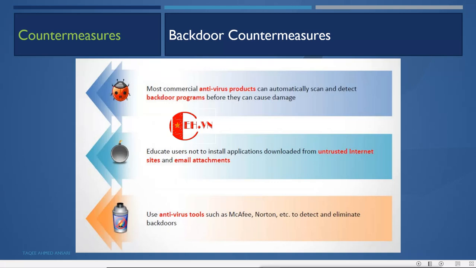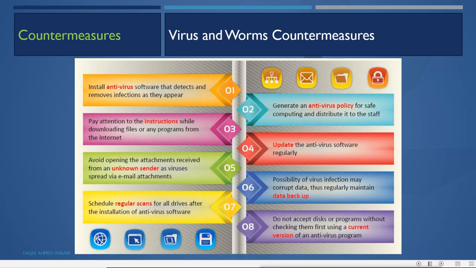Virus and worm countermeasures: all in all, you should install antivirus software to detect and remove infections as they appear. Pay attention to instructions while downloading files and avoid opening attachments received from unknown senders, as viruses spread via email attachments. Schedule regular scans for all drives with the installed antivirus software.